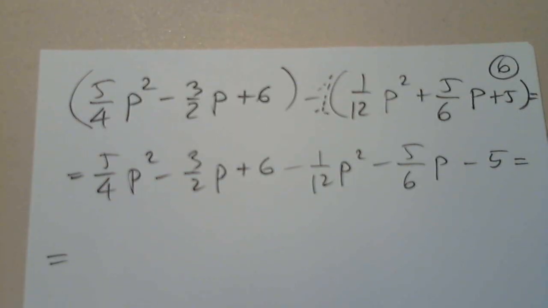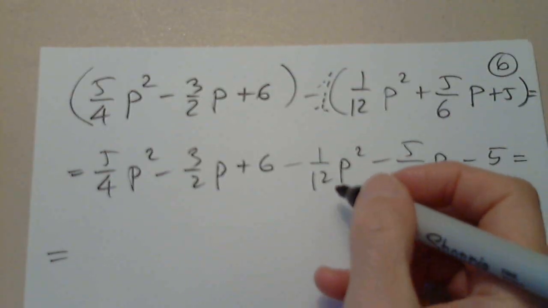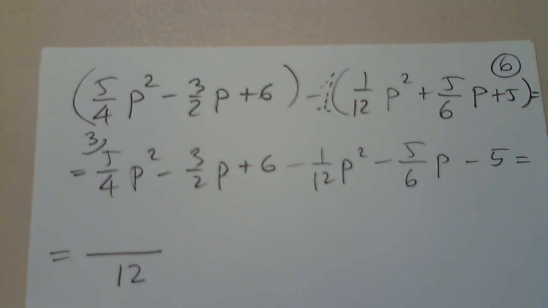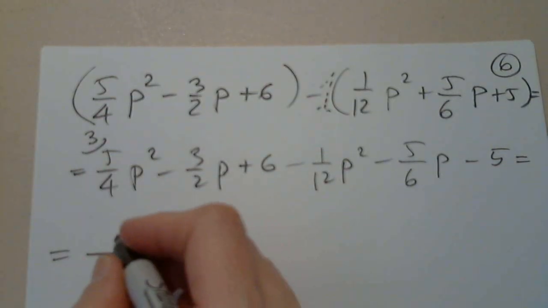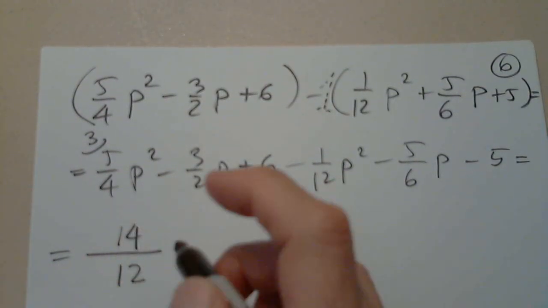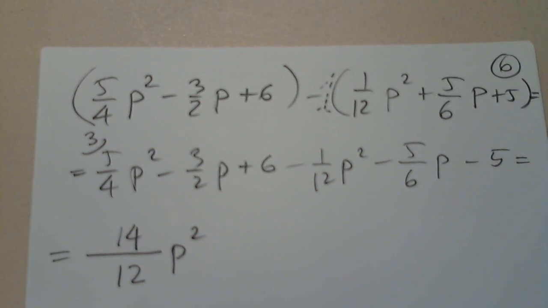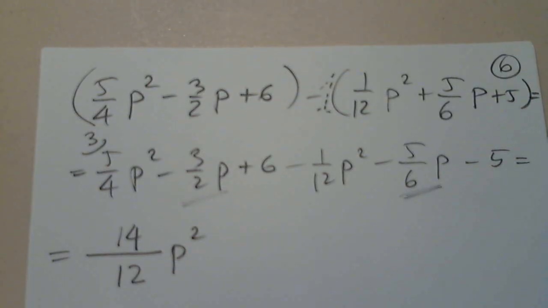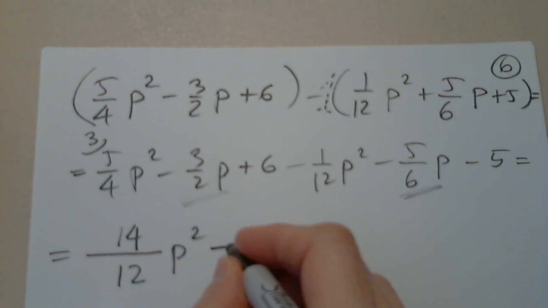Would you multiply 5/4 by 3/3? Yes, because the least common denominator is 12, so you will multiply this by 3. So 15 minus 1 is 14, and we will have to simplify it in a minute. Good. Then, both are negative, so it's safe to write negative.